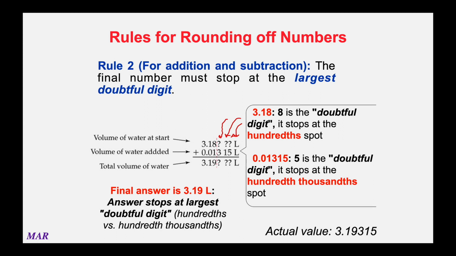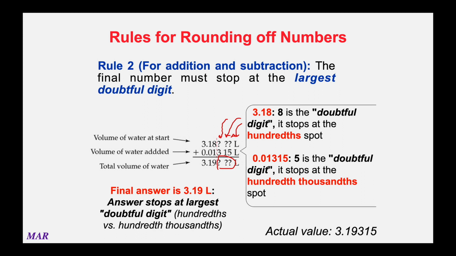Now, the second measurement, which was smaller, we knew more digits. It went out to the 100,000th of a number, all right? And that's really cool. But when you're adding them together, we really don't have any confidence in those 3 numbers because we don't know what went into them.